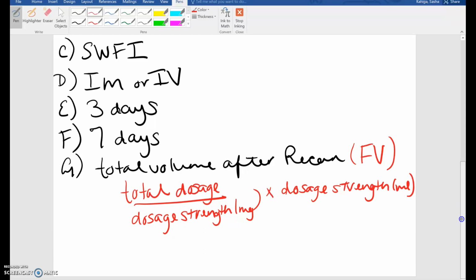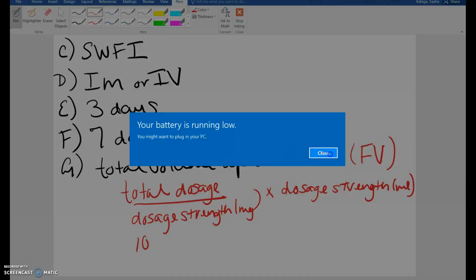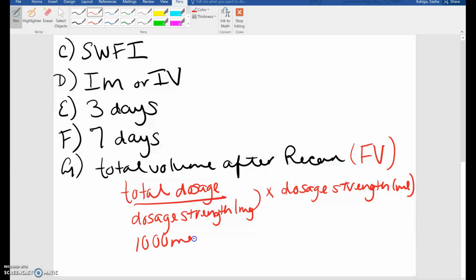So let me show you what that looks like. My total dosage, you guys have already identified that as 1,000 milligrams. The dosage strength, you guys identified that to be 250 milligrams, and that volume that's associated to that dosage strength is 1.5 milliliters.